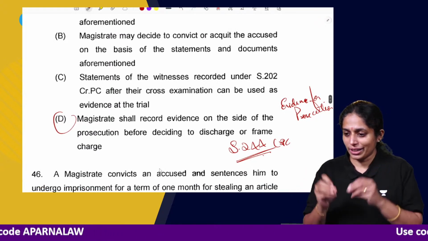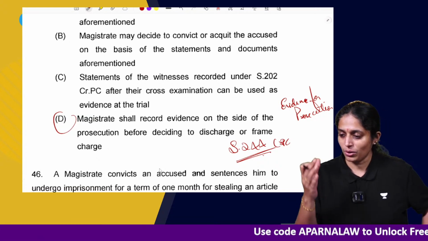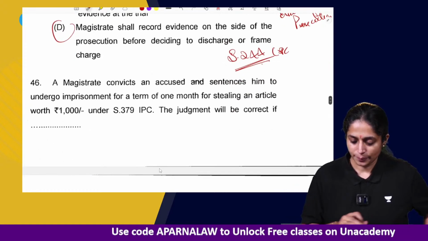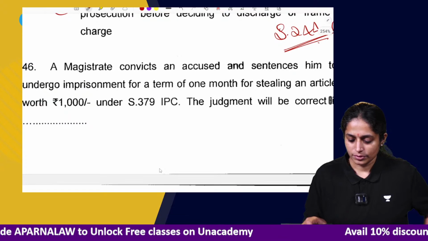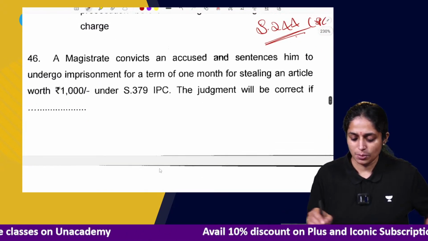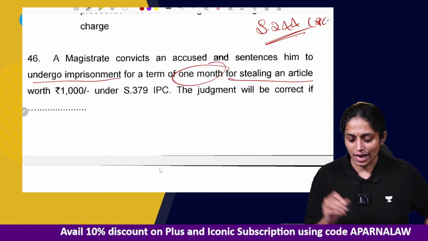These are lengthy questions. I cannot fit them in this window. If I zoom it, you may not be able to view the entire question. See here. The magistrate convicts an accused and sentences him to undergo imprisonment for a term of 1 month for stealing an article.